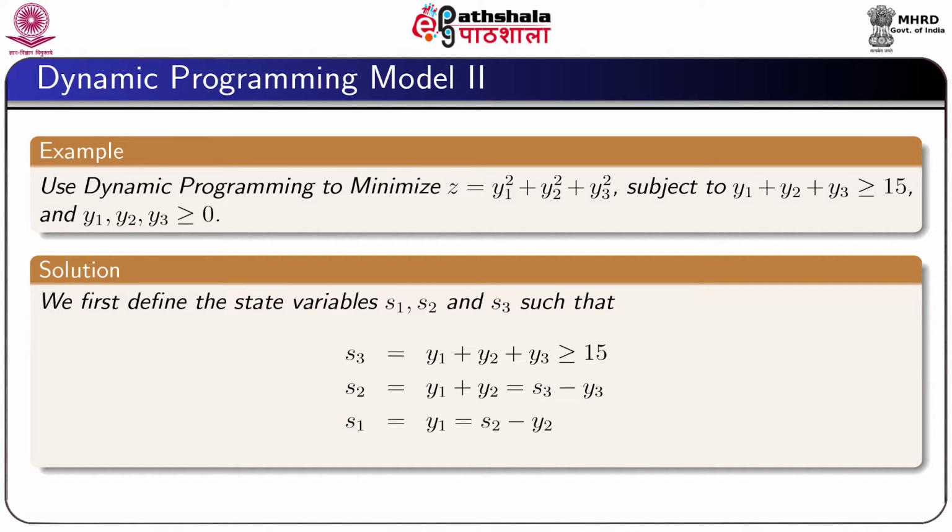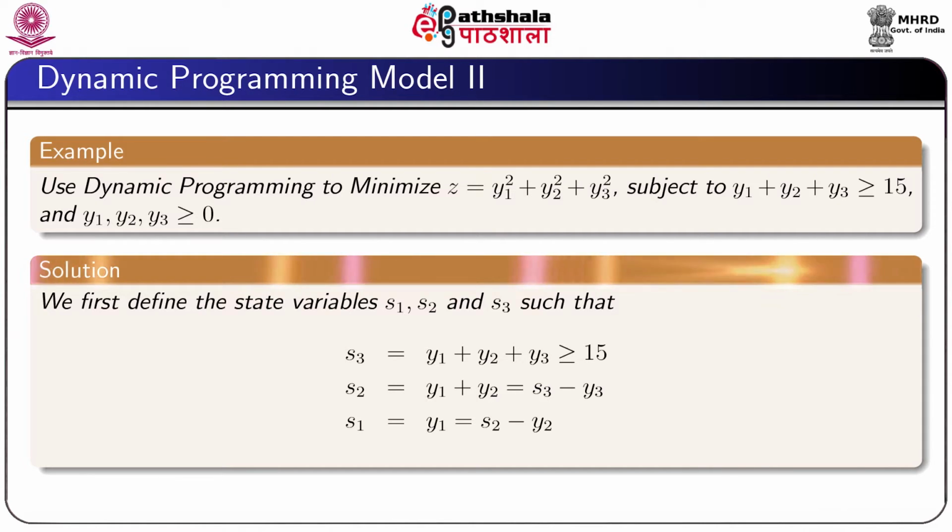Now, we consider an example. Use dynamic programming to minimize z equal to y1 squared plus y2 squared plus y3 squared, subject to y1 plus y2 plus y3 greater than or equal to 15 and y1, y2, y3 greater than or equal to 0.